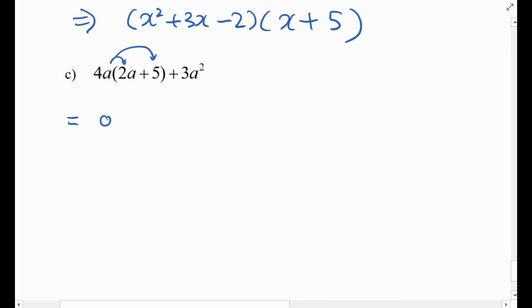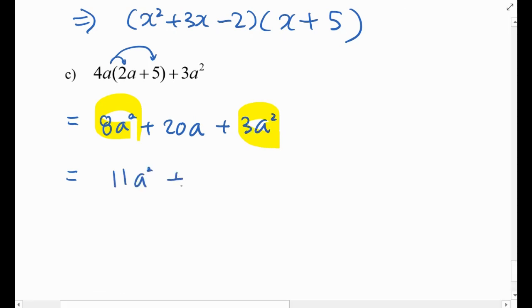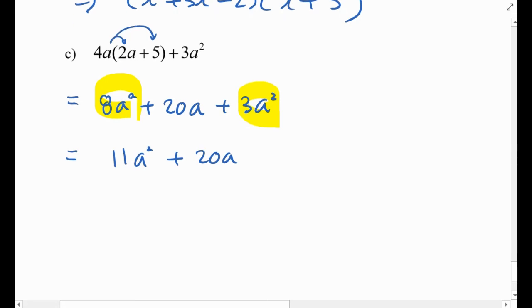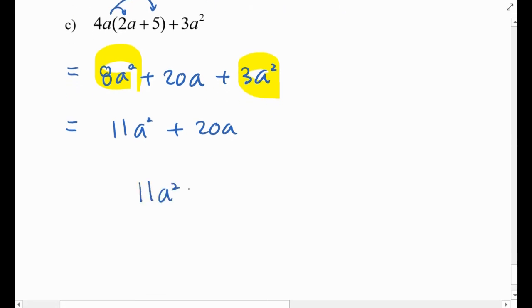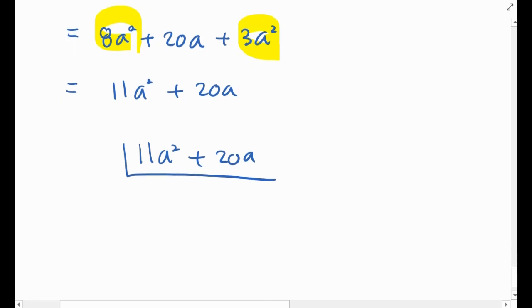And I get 8a squared, 20a plus 3a squared. And after that, 8a squared, 3a squared. So we're going to collect the like terms, 11a squared plus 20a. And we're going to find the GCF. What's GCF?